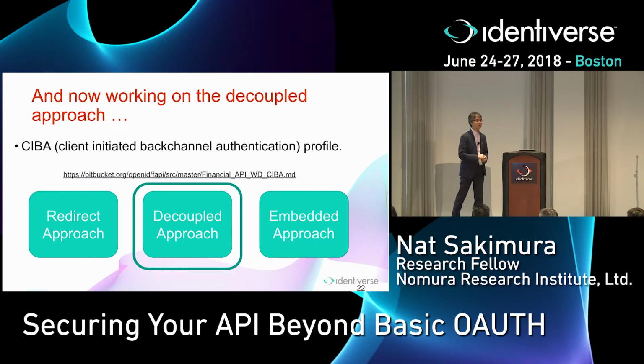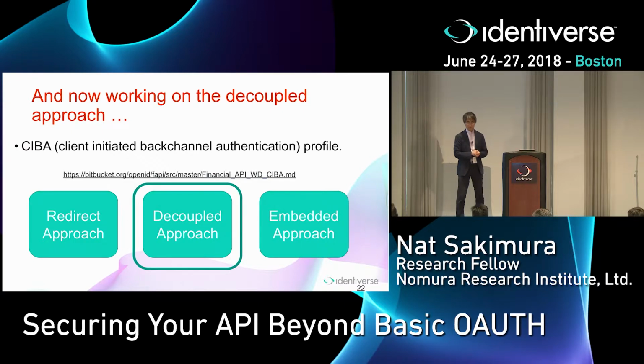One of the complaints against the redirect flow from those application developers was that the users were taken to the IDP, or authorization server, and they lose control there, because they might not come back to the application itself.